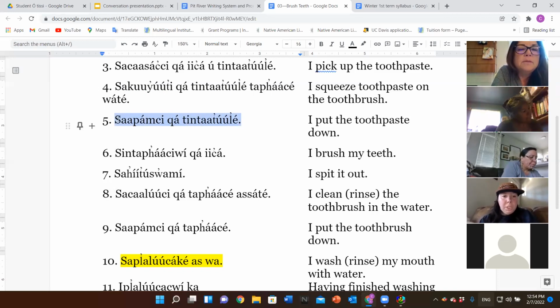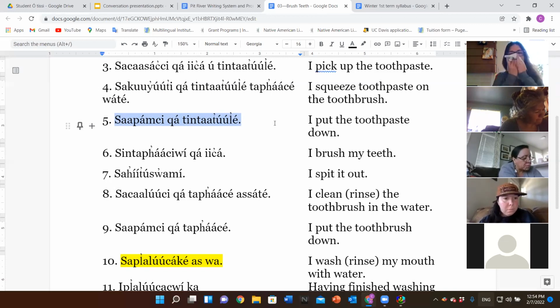Sa pamji ga dinda tule. And Mercy, sa pamji gatinta tule. Sa pamji ga dinda tule. Perfect, except it's a P: sa pamji. So sa pamji. There you go.